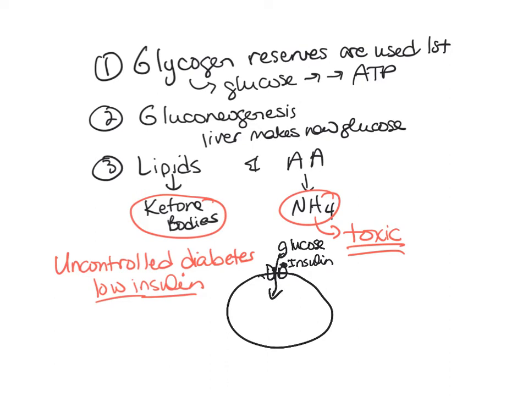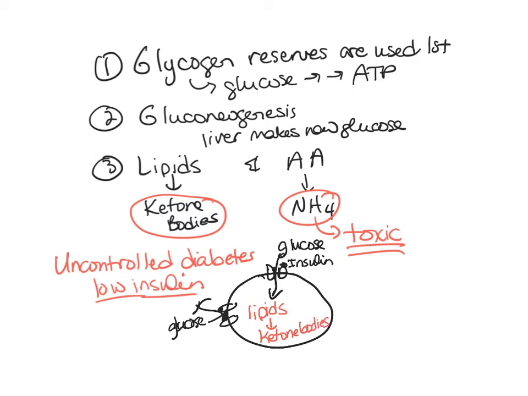But if you don't have insulin, then that gate is going to remain closed, and glucose will not be able to get into the cell. It can't get in, right? So the cell still needs energy, so what the cell's going to do then is it's going to break down lipids. That's what it wants to do first before it breaks down amino acids. So if lipids are going to be broken down, they're going to produce ketone bodies.